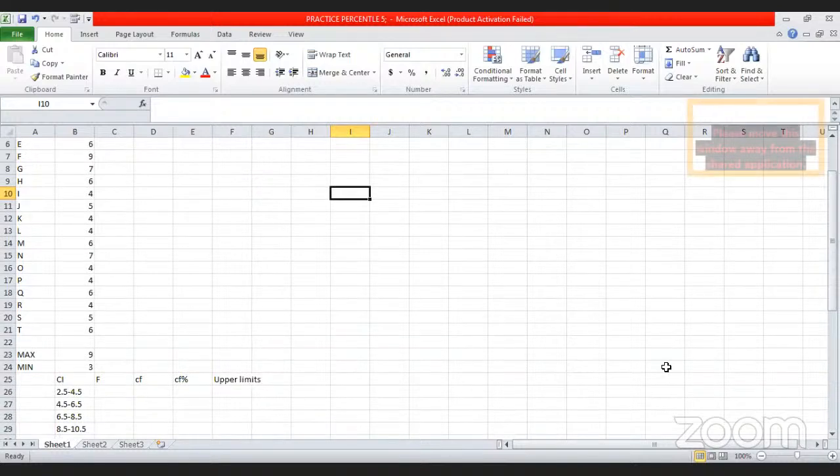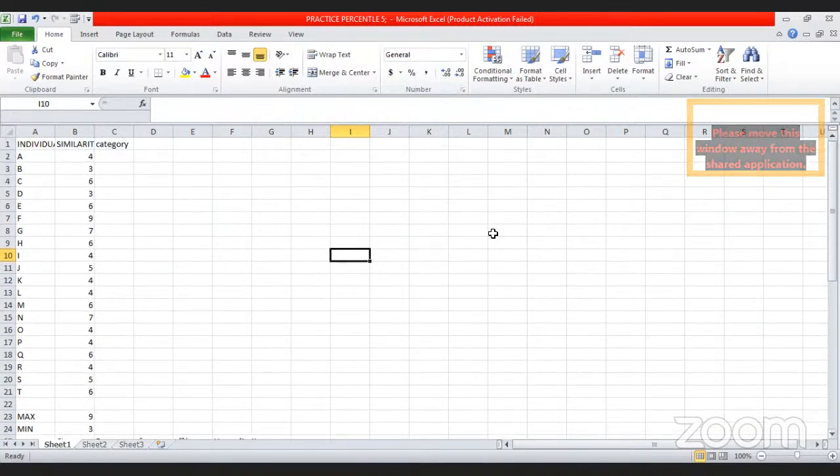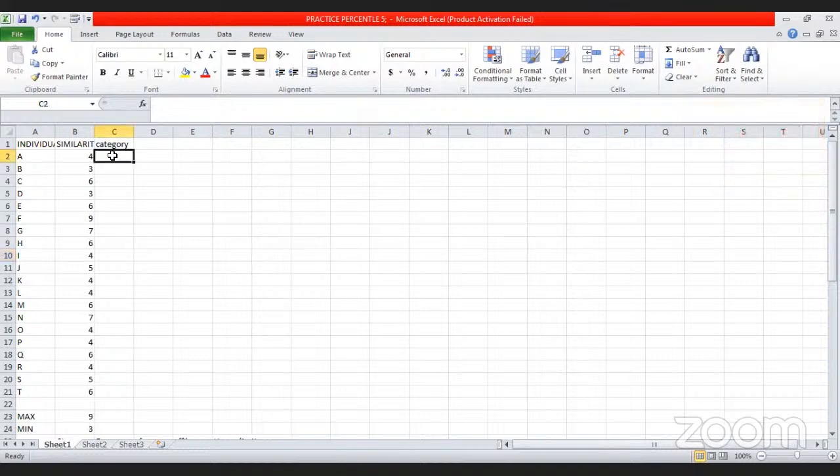I will categorize 2.5 to 4.5 as 1, 4.5 to 6.5 as 2, 6.5 to 8.5 as 3, and 8.5 to 10.5 as 4. So Excel will help you calculate how many 1s, how many 2s, how many 3s, and how many 4s there are.